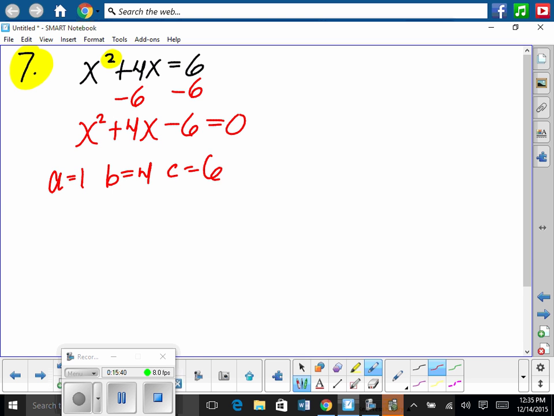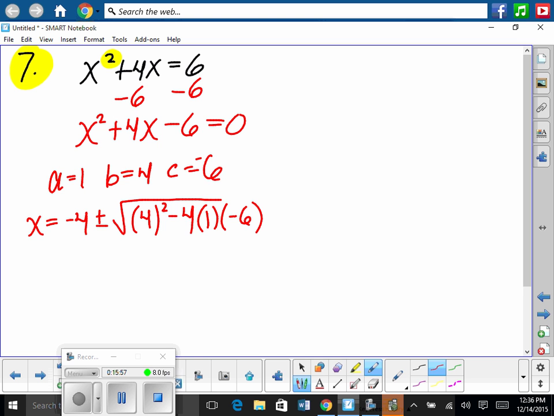I'm going to use the quadratic formula. So x equals negative b, so -4, plus or minus the square root of b squared, so 4 squared, minus 4 times a, which is 1, times c, which is -6, and then that's all over 2 times a, so 2 times 1.